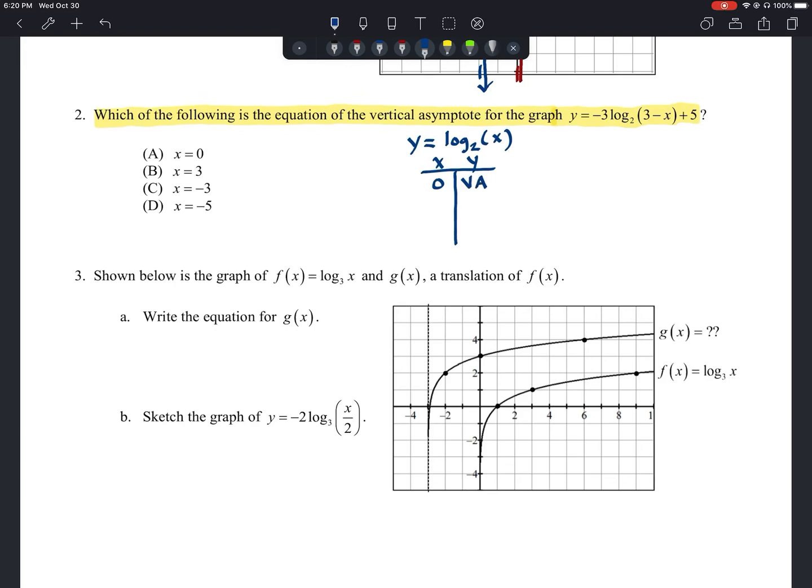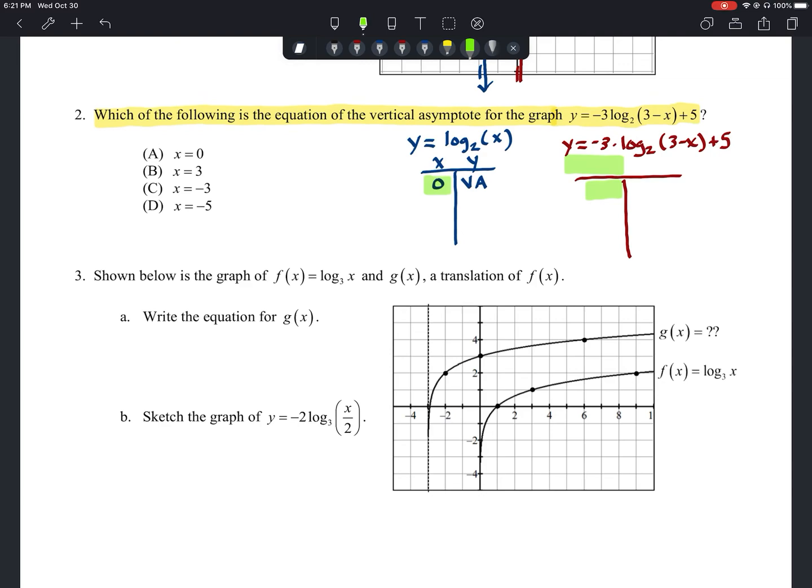So what we need to do here is come up with, for this function, y is equal to negative 3 times log base 2 of 3 minus x plus 5, where is the x going to go? What's the rule going to be for our x values so that we can change this x to give it its new value?